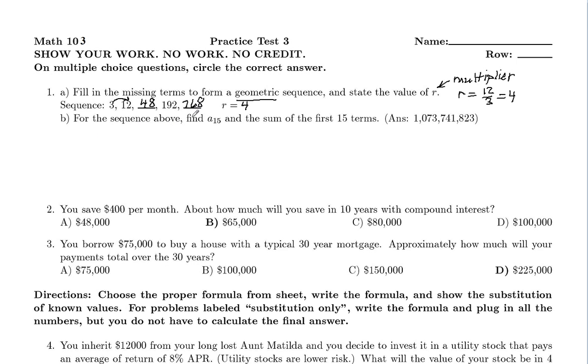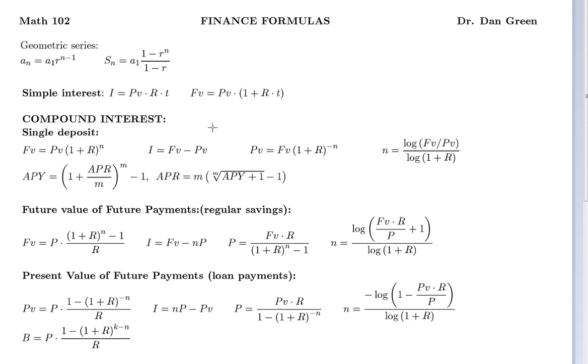Okay, then for this sequence up above, we want to find A15. A is the variable for the term number, so this is the 15th term, and then the sum of the first 15 terms. For A15, we need the nth term formula.